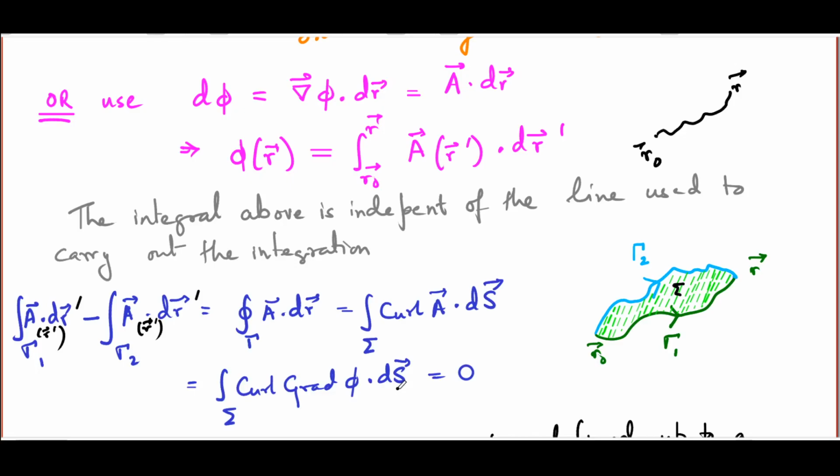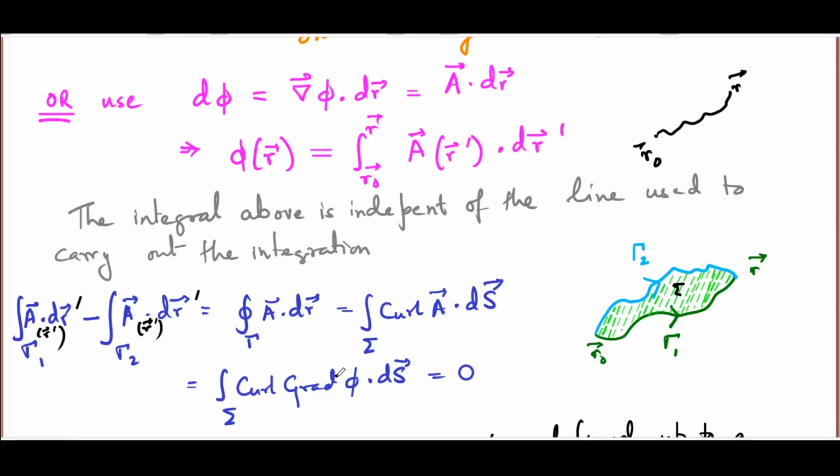However, phi of r really is not unique, and you can see that immediately in this expression. After all, the integration is done up to r, the point where you want to find phi, but it is done from a fixed arbitrary point r0. This point is arbitrary. So if we were to change this point r0 to say r0', the integral for phi of r will now become the integral from r0' to r, and that of course will be the same as the integral from r0 to r, but to which you have to add a further integral, one from r0' to r0.